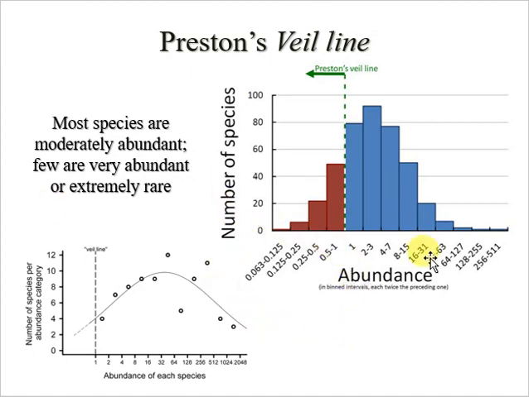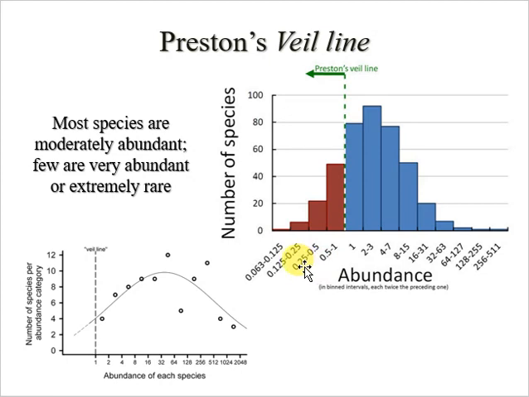So looking at this figure here, right, the number of species plotted for different abundance intervals are being shown, with each abundance interval being twice the preceding one, so creating that log2 scale.